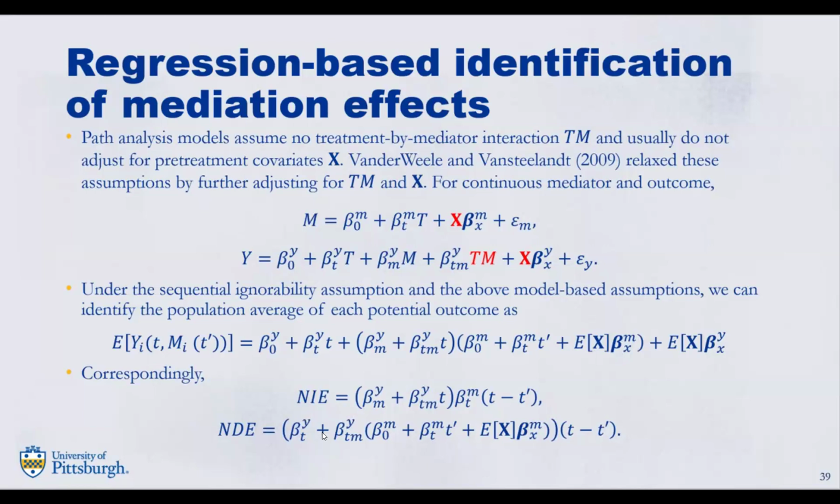So we begin from the definition, which relies on unobservable quantities. And in order to relate the unobservable quantities to observed data, we identify the effects under the sequential ignorability assumption, based on which we identify the effects and then we estimate them through regressions by extending the traditional path analysis models that usually ignore the treatment by mediator interaction and the pre-treatment covariates.